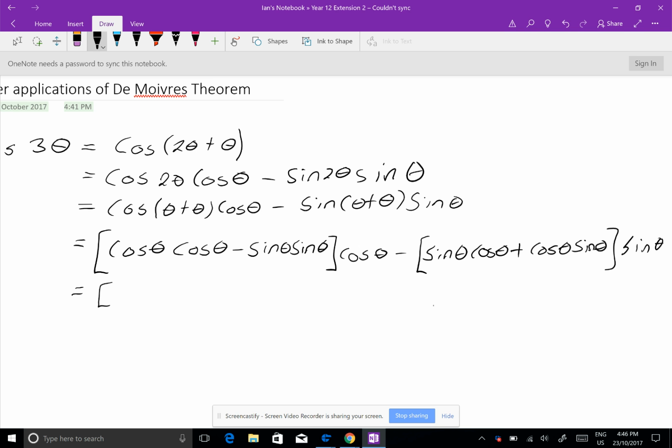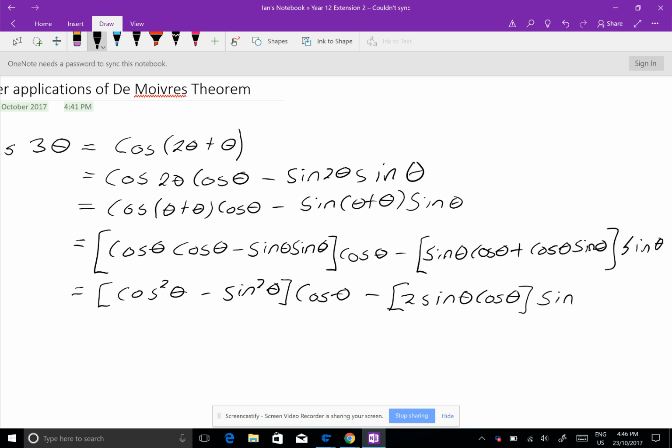Well, that's cos squared theta minus sine squared theta, times cos theta, minus 2 sine theta cos theta times sine theta.